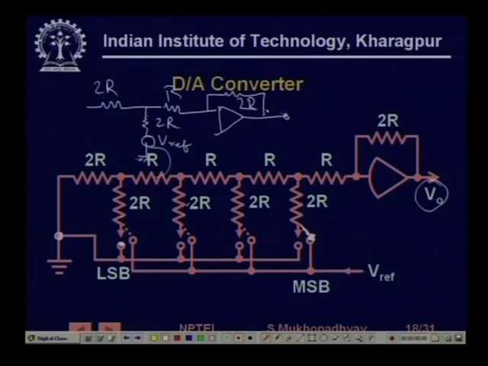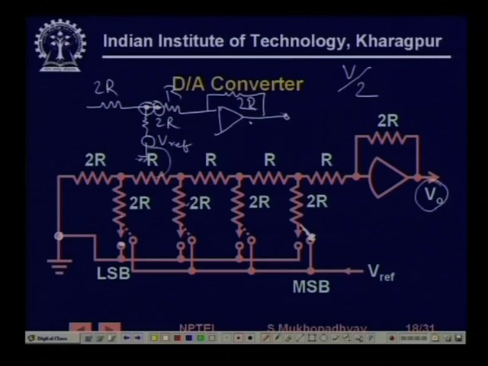If you do a Thevenin's circuit for this, what will be this voltage? The open circuit voltage is going to be V by 2, and what is going to be the Thevenin impedance? It is going to be 2R parallel 2R, which is R.